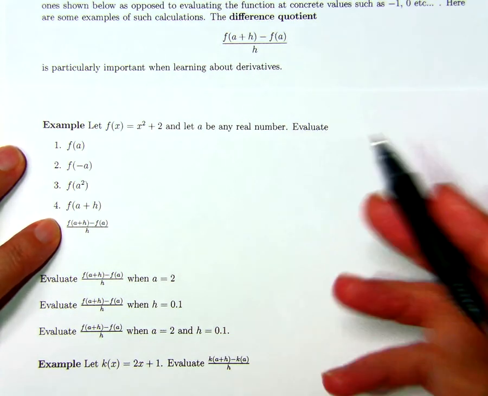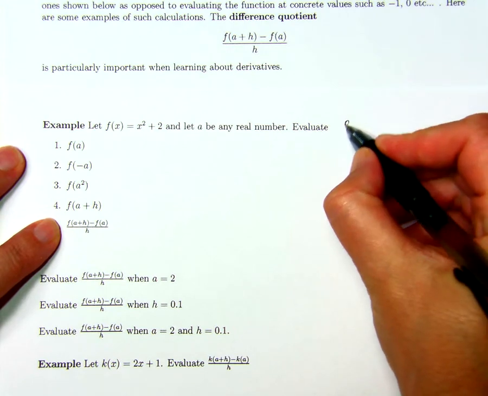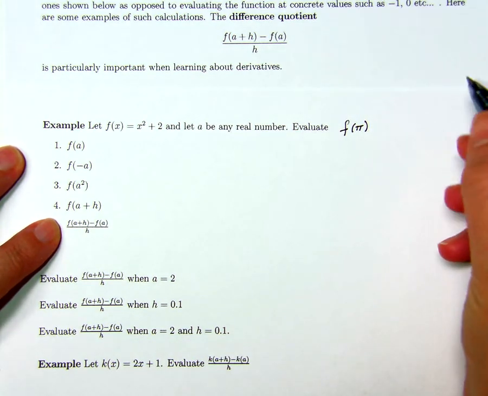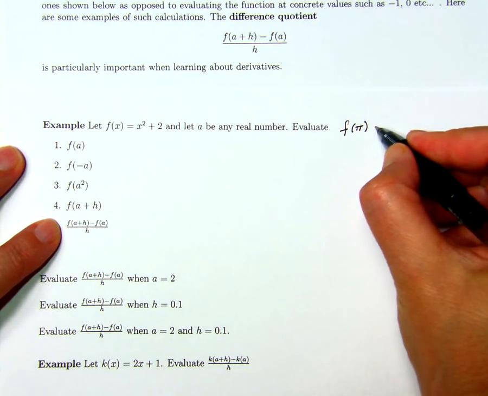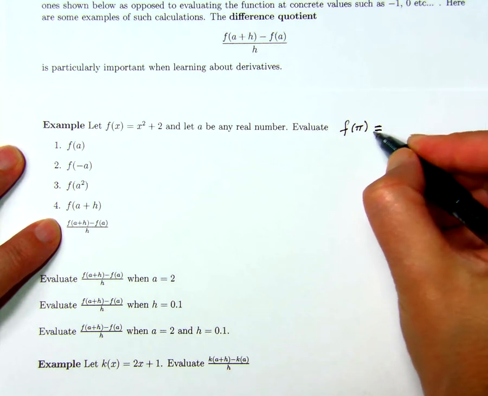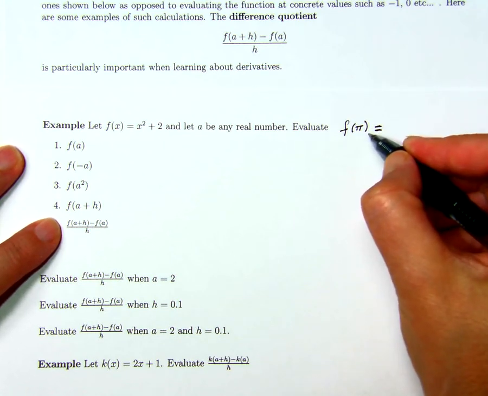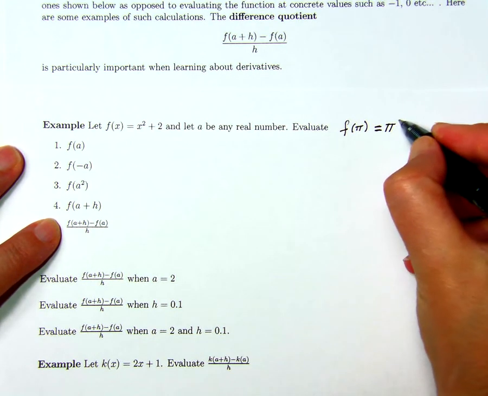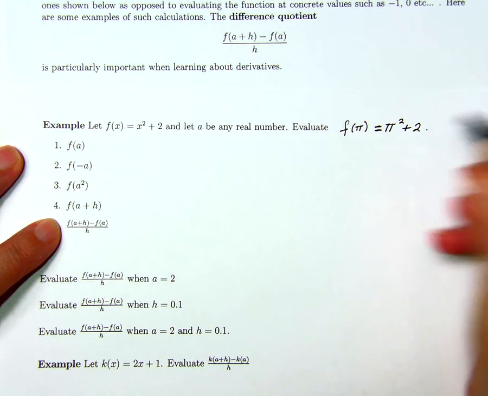You can think of a in the same way as a lot of people think of pi. Pi is a real number, but people think more of the symbol pi than the number itself when they're calculating. So in this case, f of pi would be pi squared plus 2.